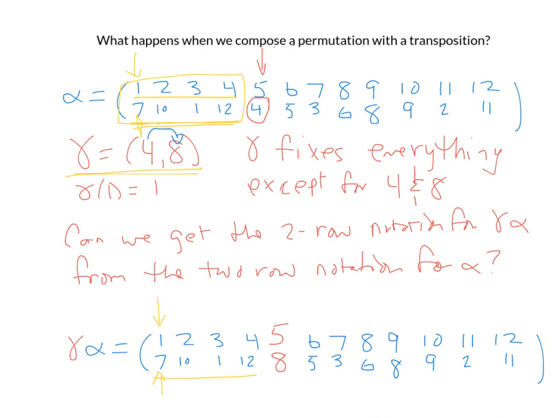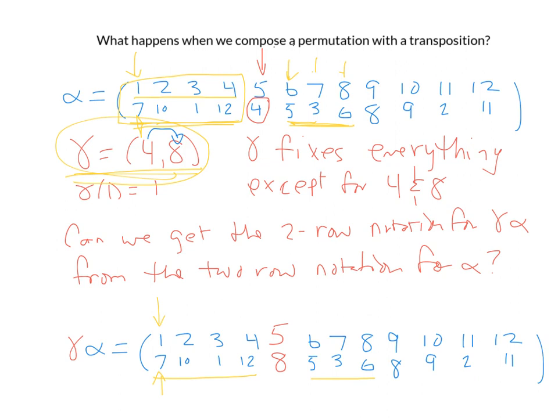Now, once we get past that, 6 is going to 5, and 7 is going to 3, and 8 is going to 6, and 5, 3, and 6 are fixed by gamma again. So under the composition, 6, 7, and 8 go to 5, 3, and 6. And again, we notice that that is a nice pattern.